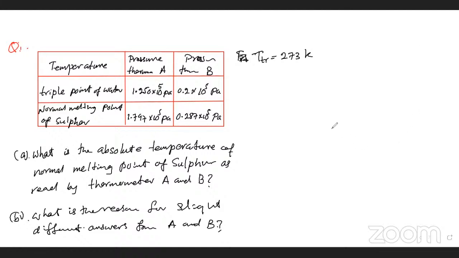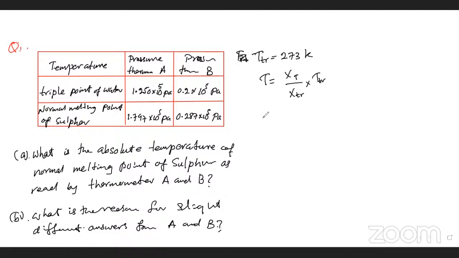Okay, now we can calculate. Here the temperature equals x divided by x at the triple point, multiplied by the triple point temperature.